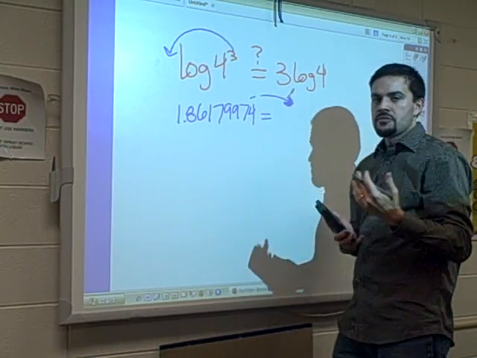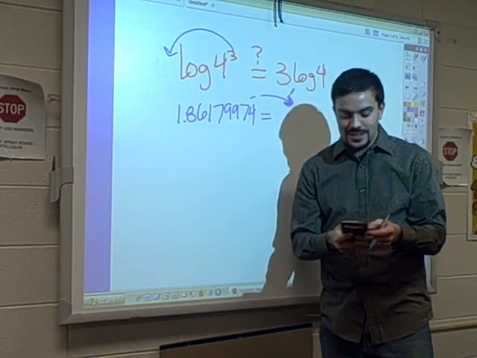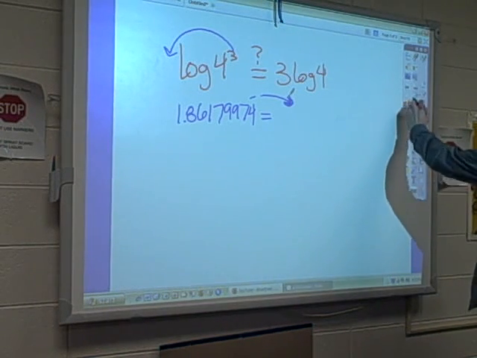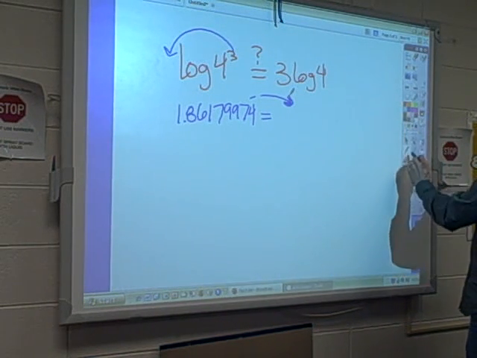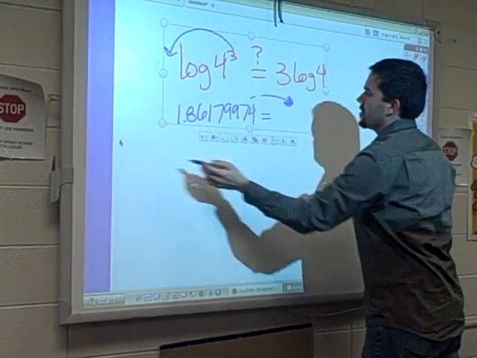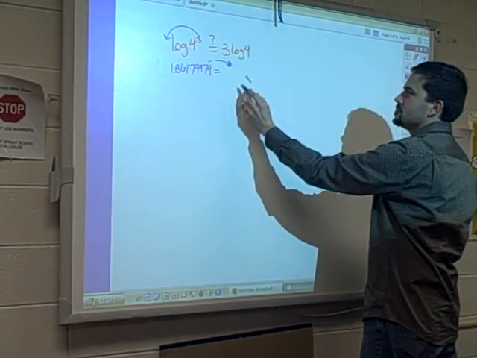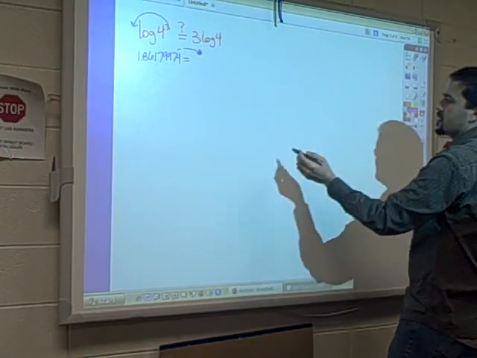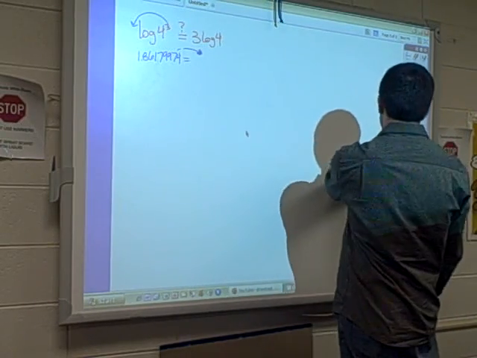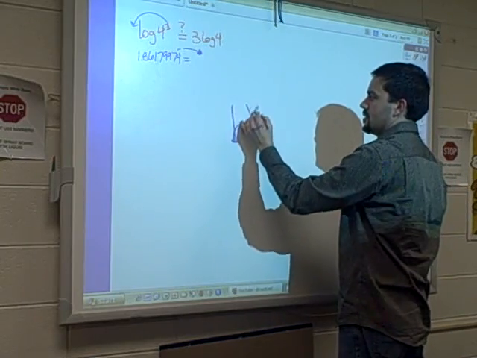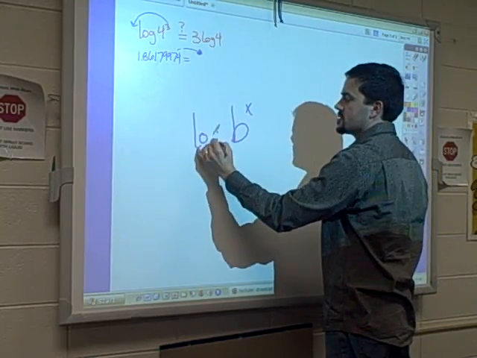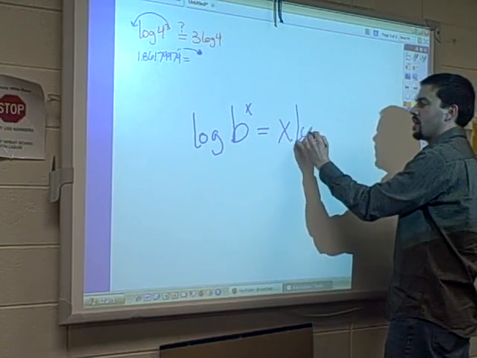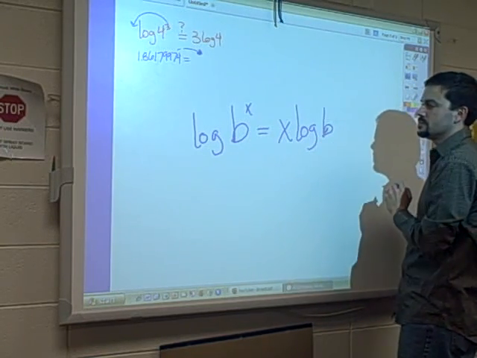So it looks like we have a rule that's going to work every single time. If we have some b to the x, and we put a log out front, this is going to equal x log b.